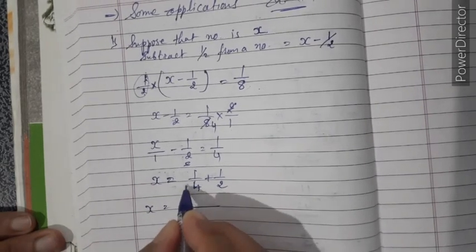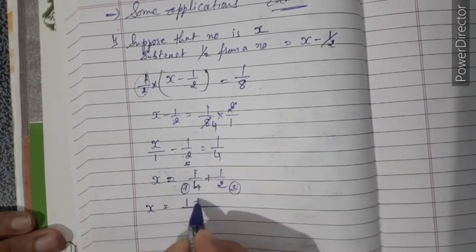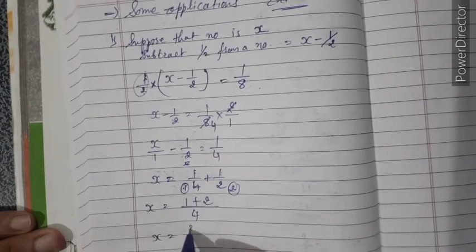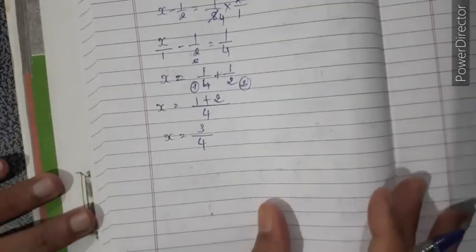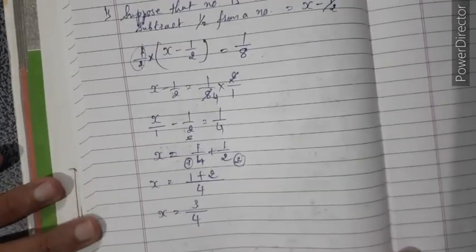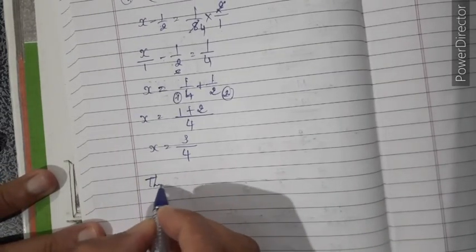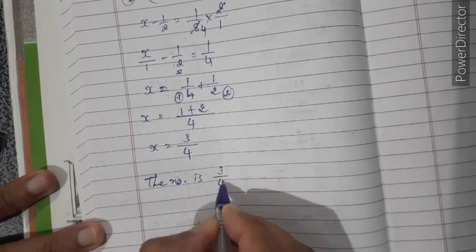Okay, so 4 1s are 4 and 2 2s are 4, 1 plus 2 is 3, so x equal to 3 upon 4. Okay, so what is the number? The number is 3 upon 4. So easy.